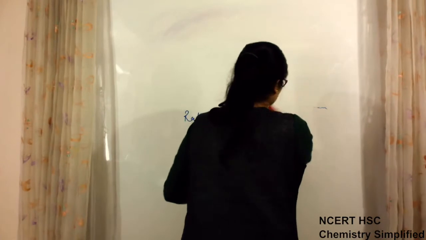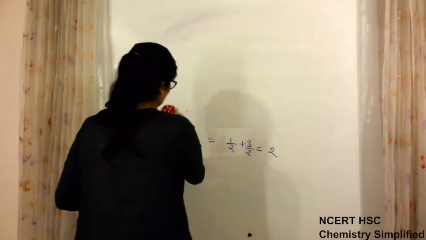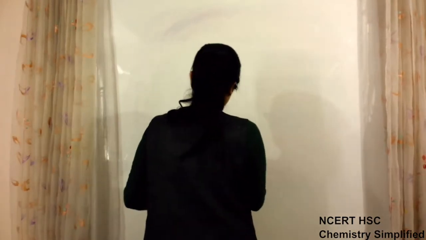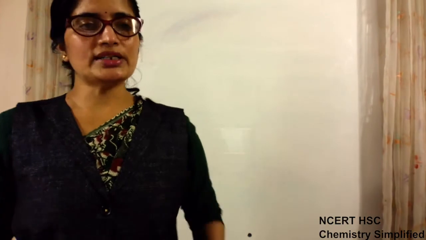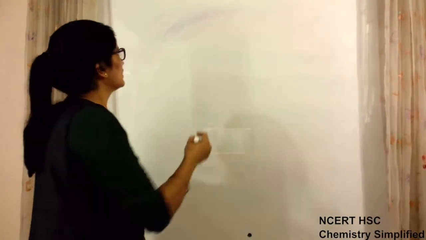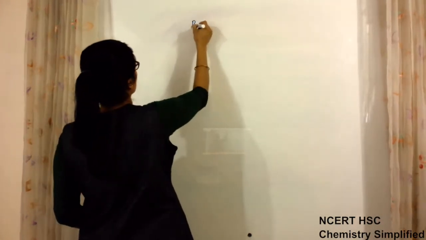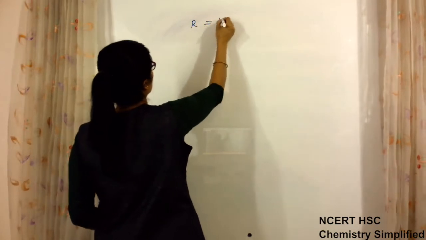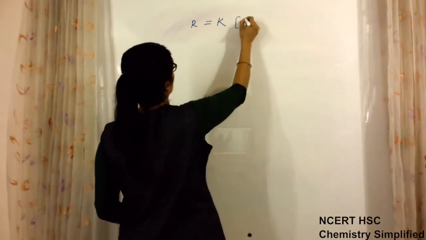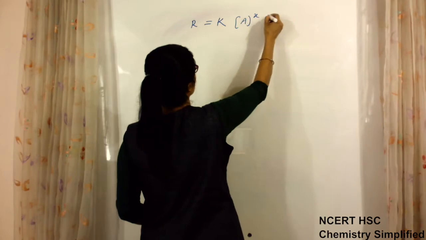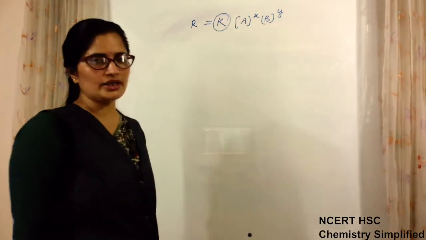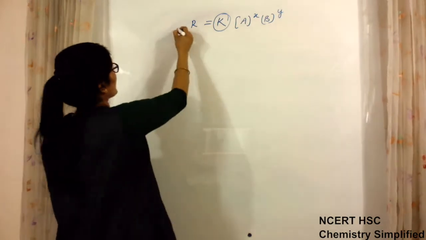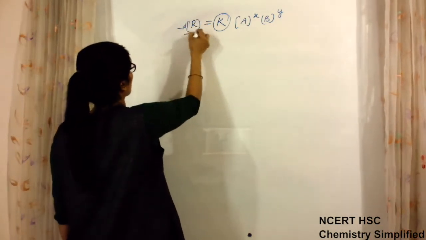Now, units of rate constant. In this rate expression where we were writing rate is equal to k a to the power x, b to the power y, this k we had said is the rate constant, and here we are writing rate as dr by dt.